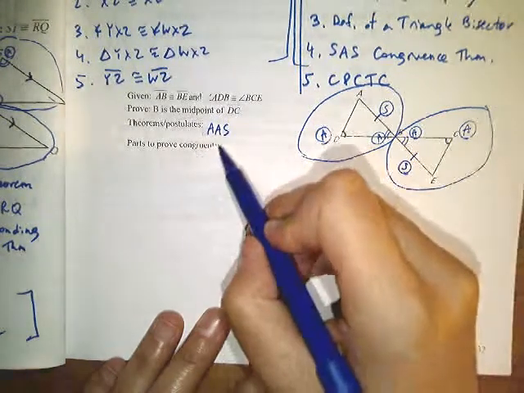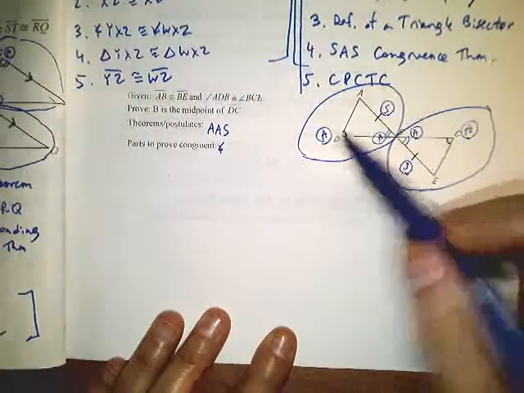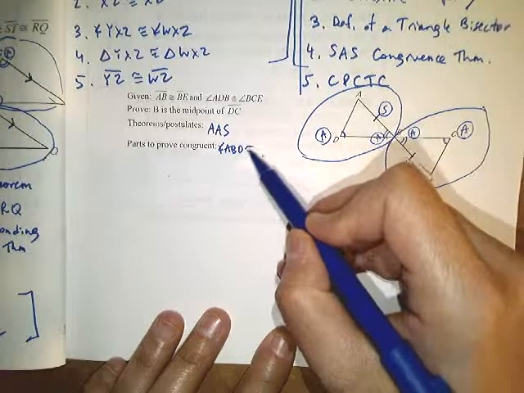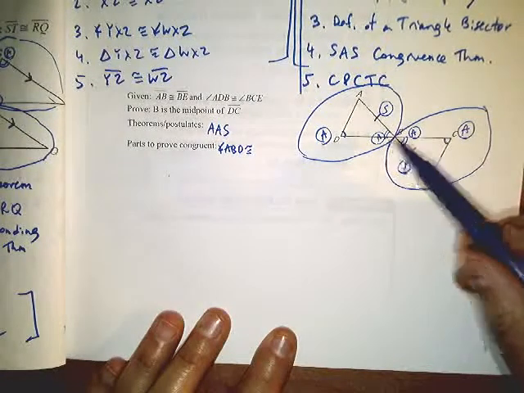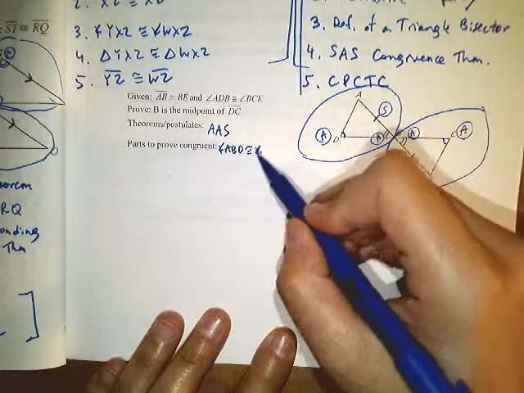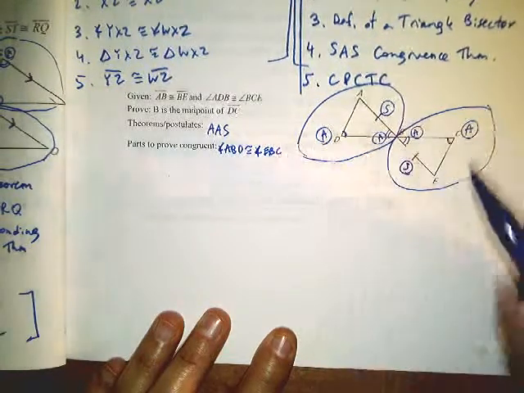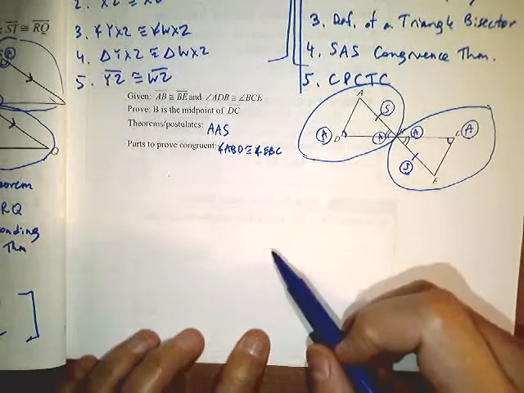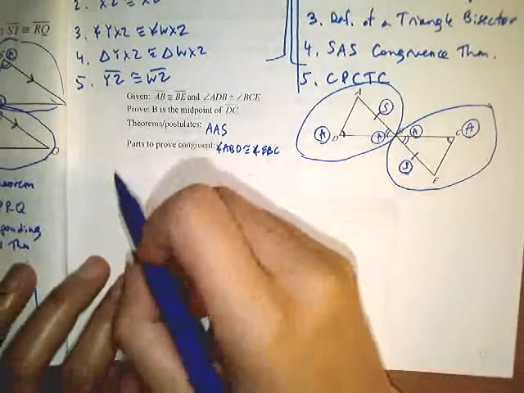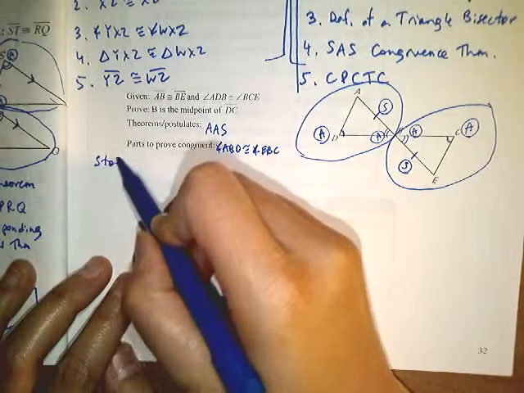And I'm going to prove that angle ABD is congruent to angle EBC because of the vertical angle congruence theorem. So here we go with our proof.